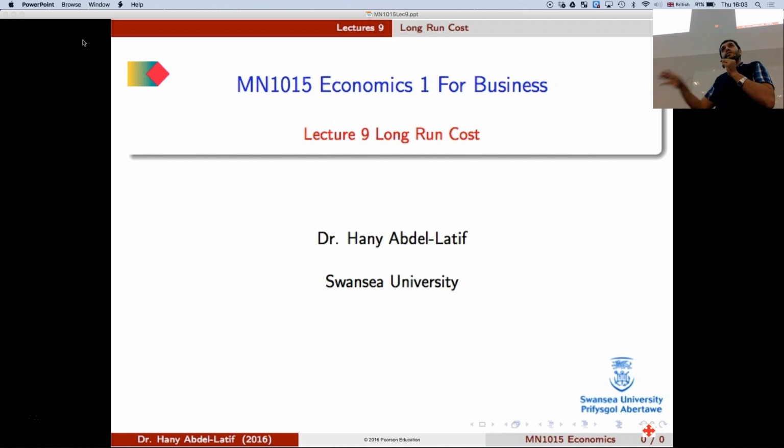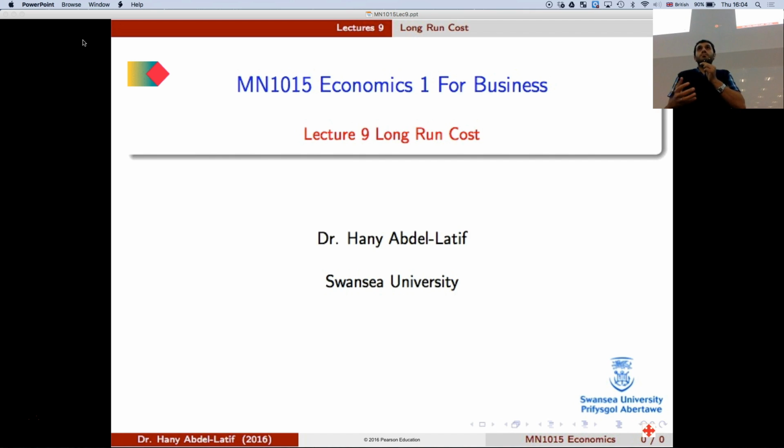Last week, we looked basically at the short run. And if we assume we have two inputs, labor and capital, then labor was the variable input, and capital was the fixed input that you can't change in the short run. In the long run, as you'll see today, we will be able to change both. And we'll see what sort of decisions we need to make in the long run.